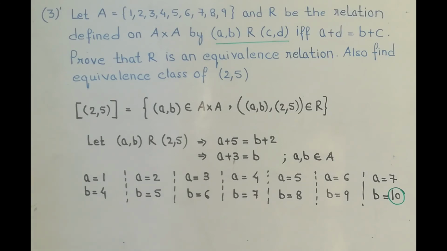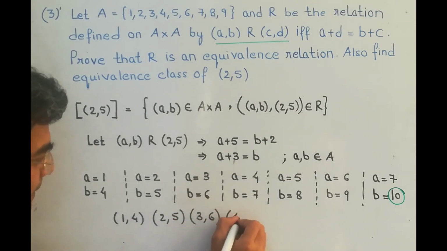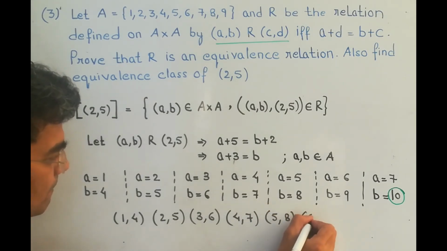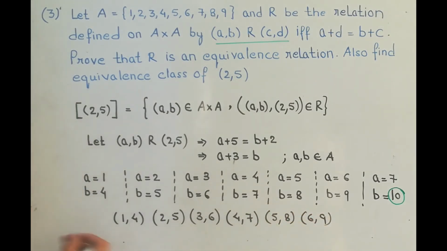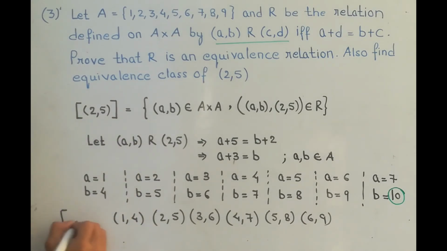So what will be the ordered pairs which will be the equivalence class of (2, 5)? (1, 4), (2, 5), and so on. So these are the ordered pairs, and these ordered pairs will be known as the equivalence class of (2, 5).